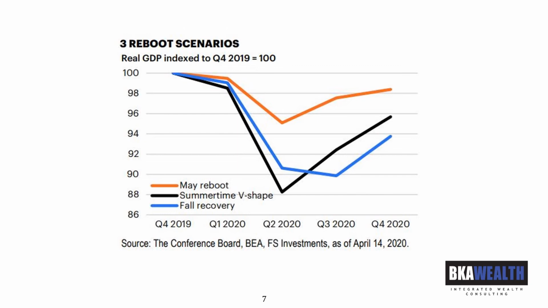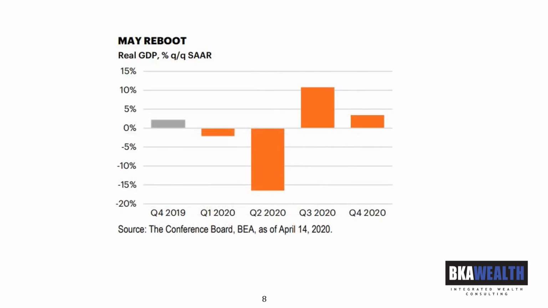And in the May reboot, what we see here is that, again, we're not looking for an overly dramatic drop, although in aggregate terms, a 15 to 17% drop in economic performance is absolutely astounding. But in this case, it's not nearly as much as the other two scenarios.